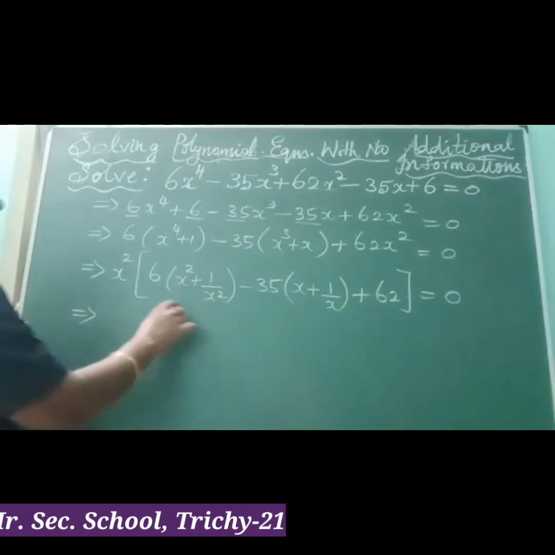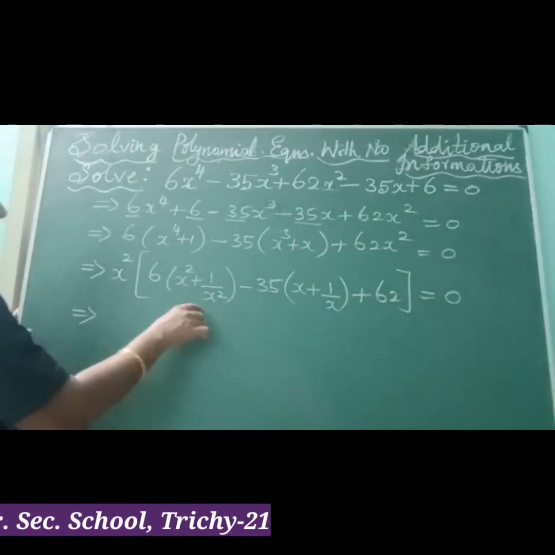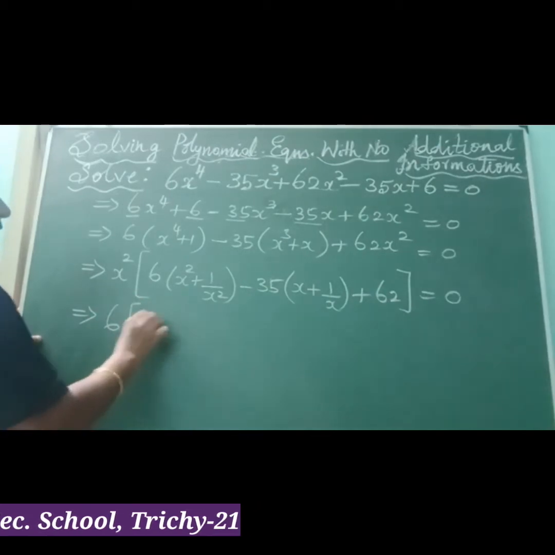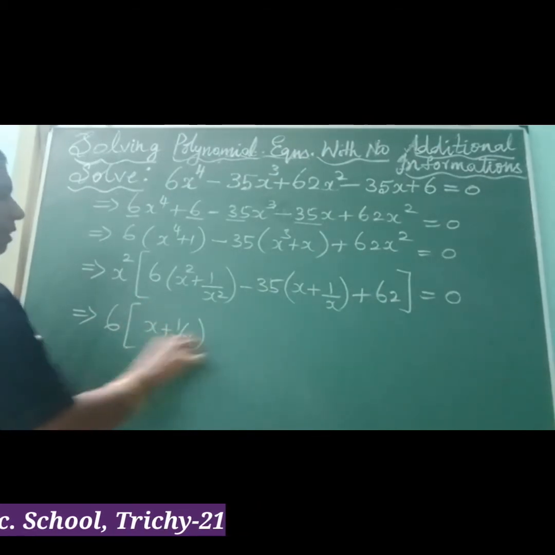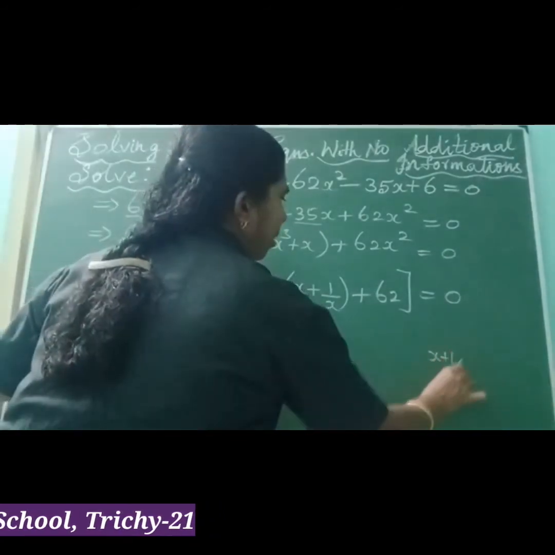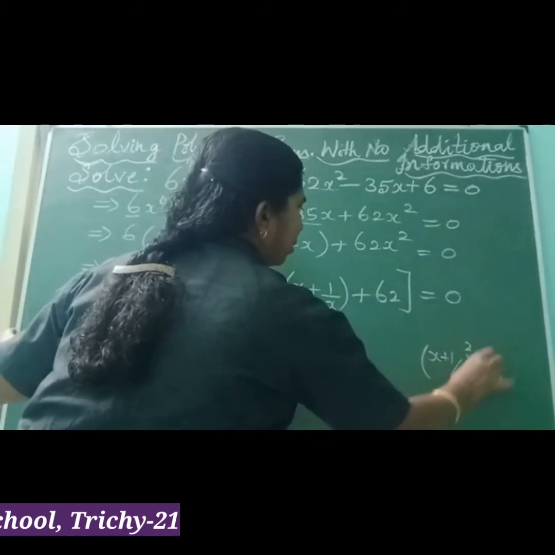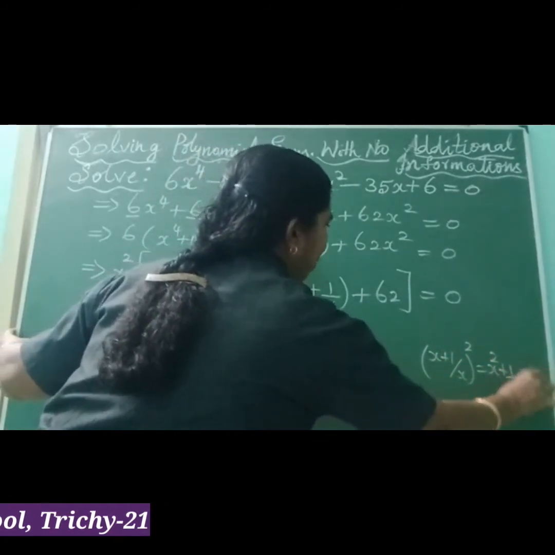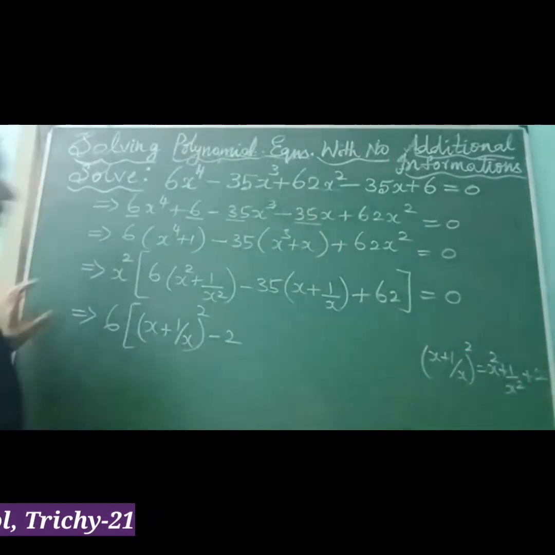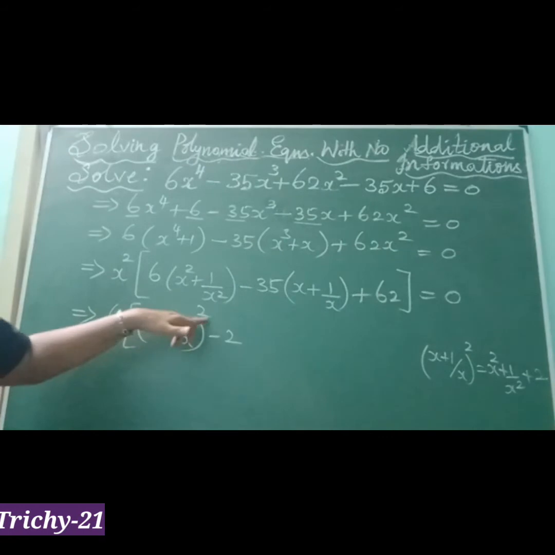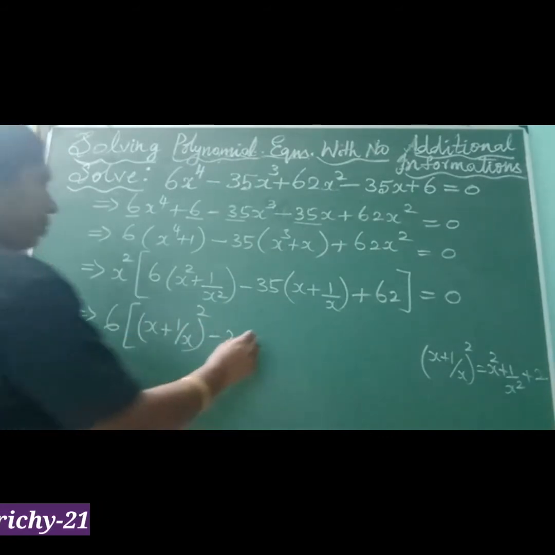Now we have to substitute the formula for x square plus 1 by x square. This can be written as 6 into x plus 1 by x the whole square minus 2. You know the formula: x plus 1 by x the whole square is equal to x square plus 1 by x square plus 2. From this, x square plus 1 by x square is x plus 1 by x the whole square minus 2.